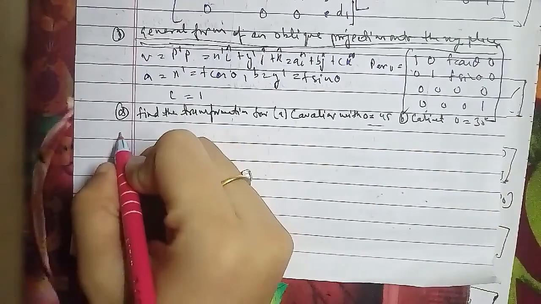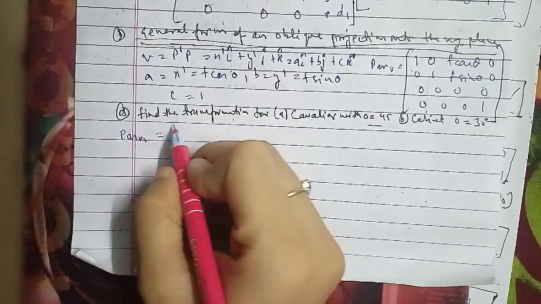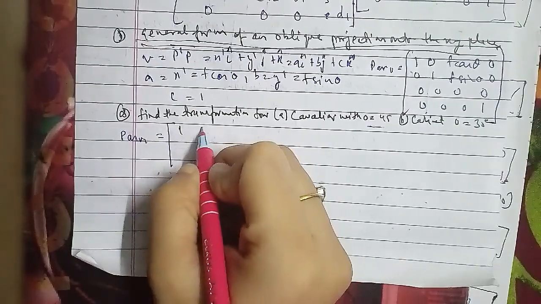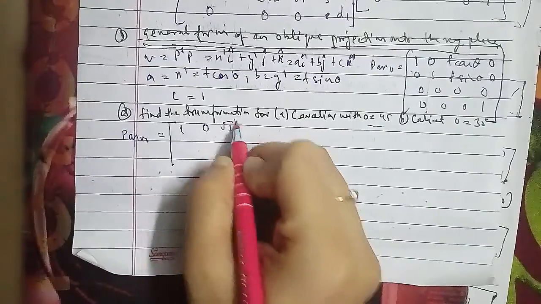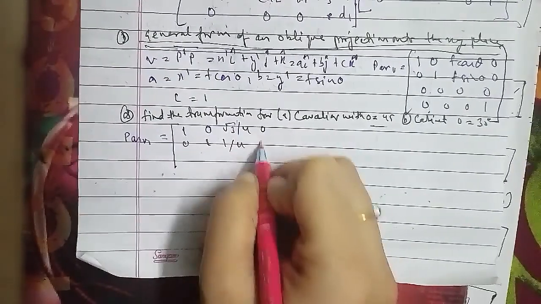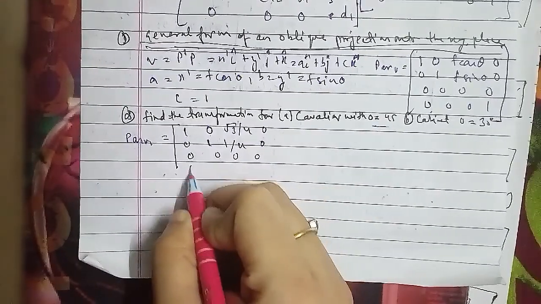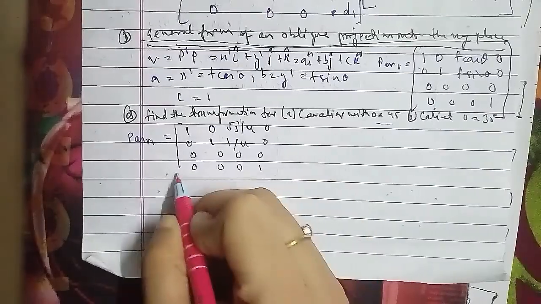For that we have the matrix Par b1 equal to: 1 0 root 3 by 4 0, 0 1 1 by 4 0, 0 0 0 0, and 0 0 0 1.